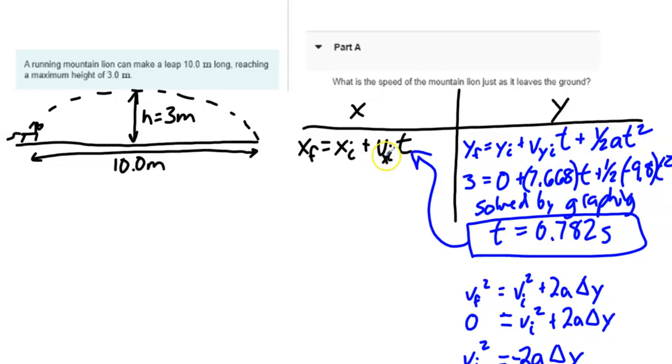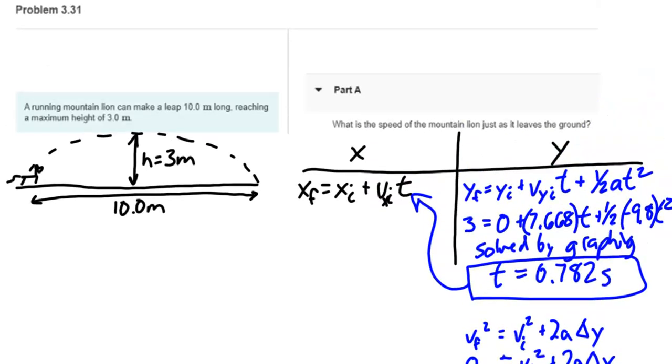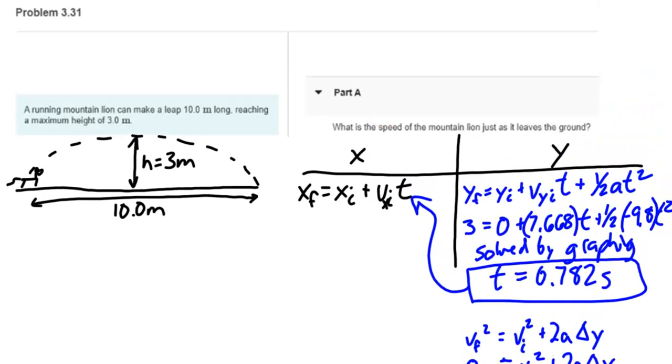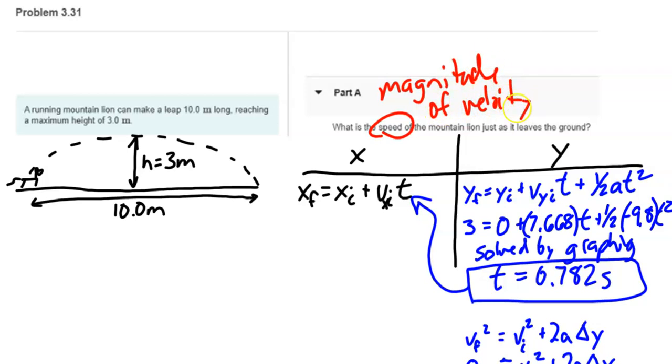Now, conceptualizing this whole problem, speed is the magnitude, so here's a good place to make a note. I think we will realize that our mountain lion takeoff is going to not be totally vertical or horizontal.